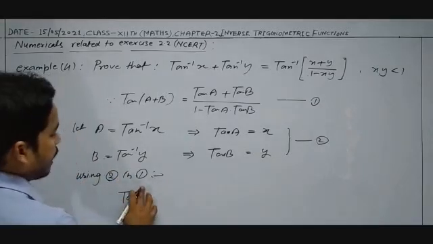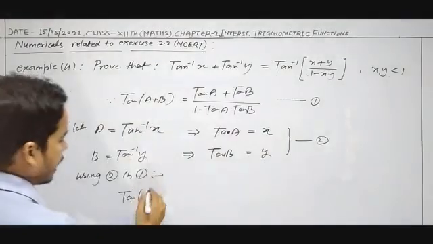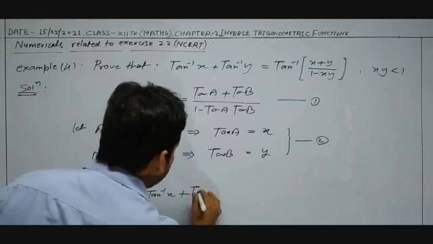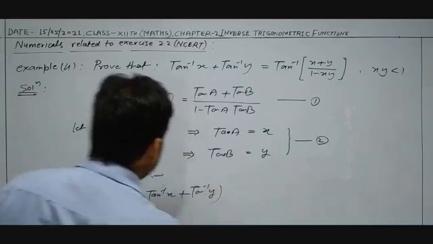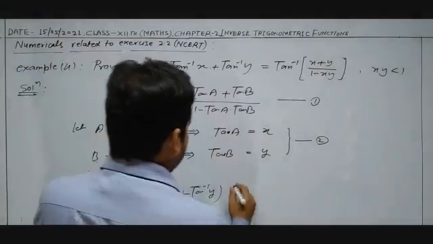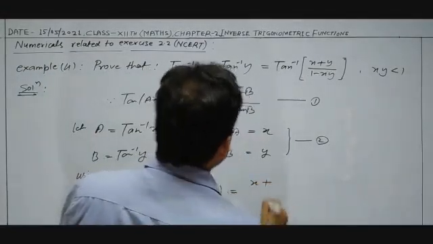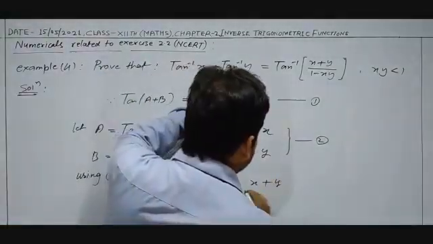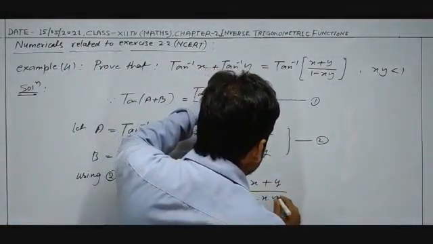Tan of A, at the place of A you will put tan inverse x, plus similarly tan inverse y at the place of B, is equal to, at the place of tan A you will put x, at the place of tan B you will put y, whole upon 1 minus x into y.